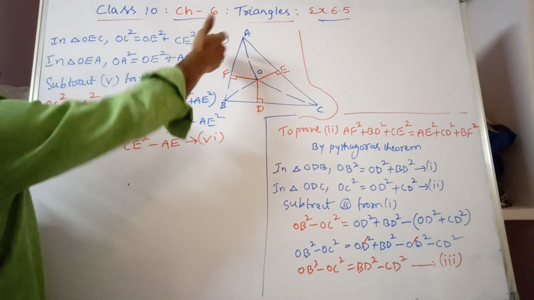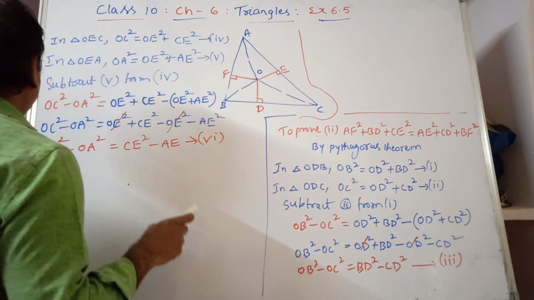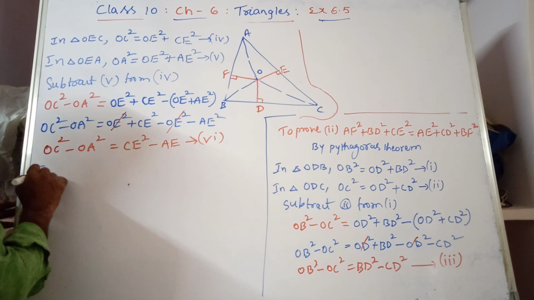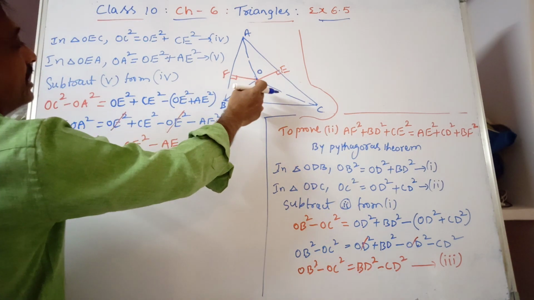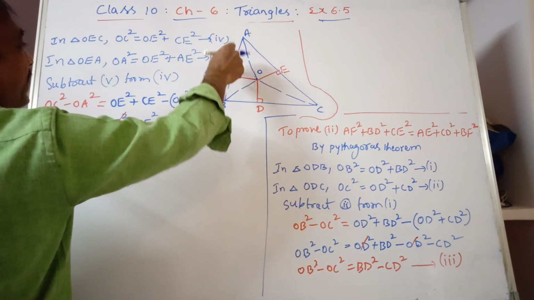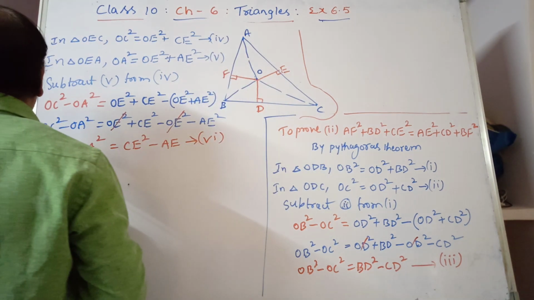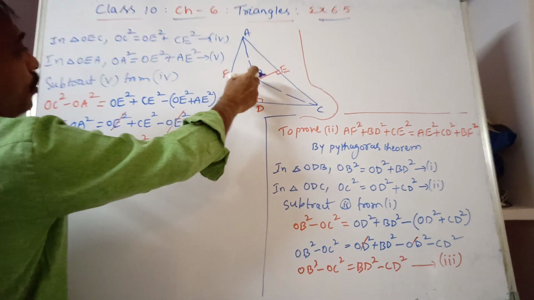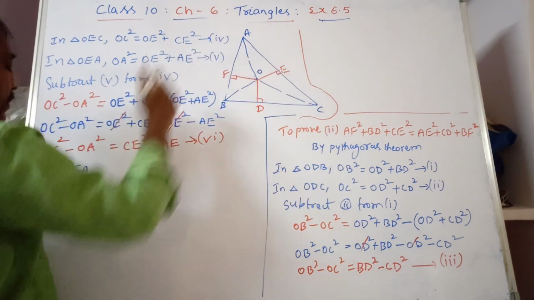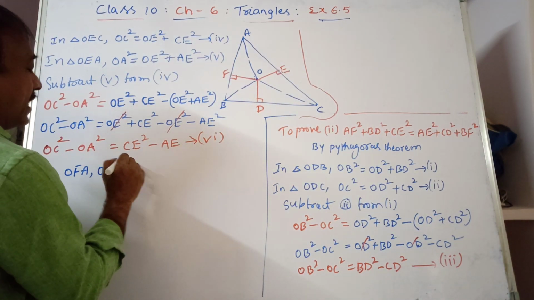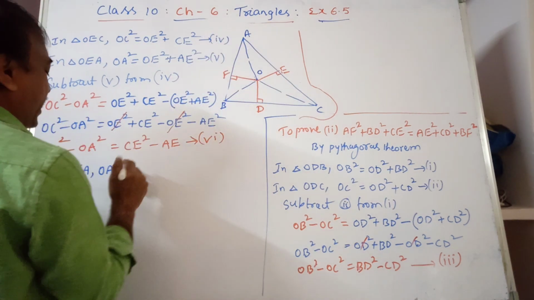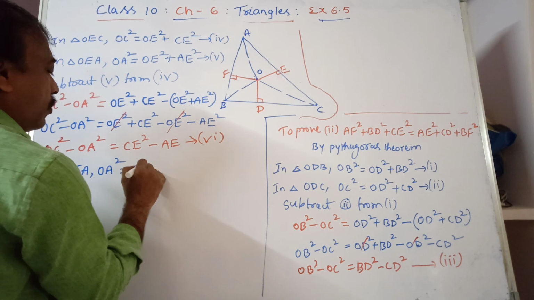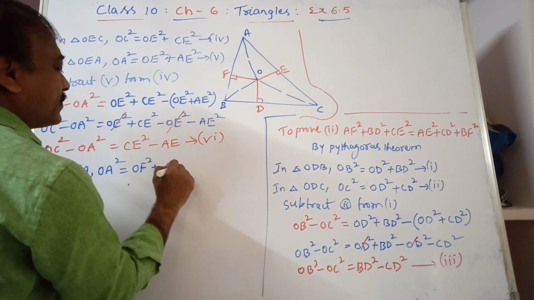Similarly, you get one more triangle. Observe it: OFA and OFB. If we consider those two, in triangle OFA, again hypotenuse OA square is equal to OF square plus AF square.